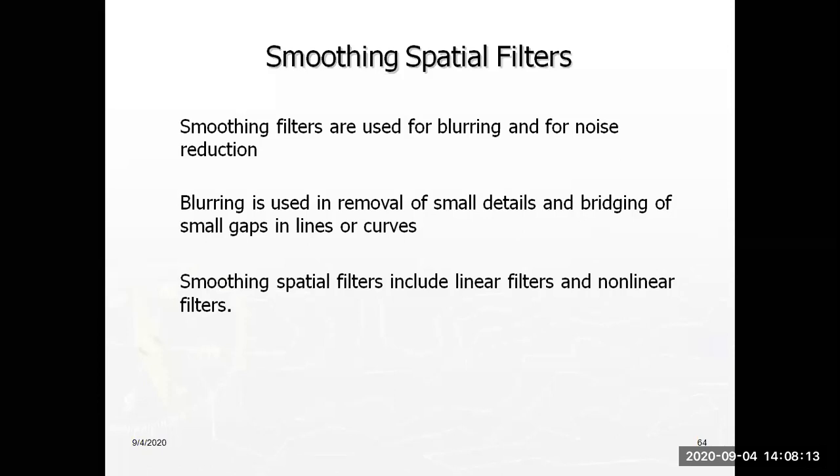Here I am showing that smoothing filters are used for blurring and for noise reduction. Sharpening filters are used to sharpen the image; later on we can see them. But first we have to see the smoothing filters, which are generally used to blur the image and also for noise reduction.